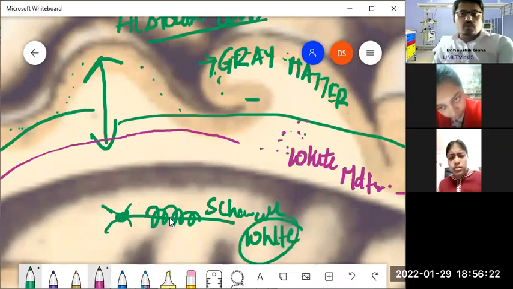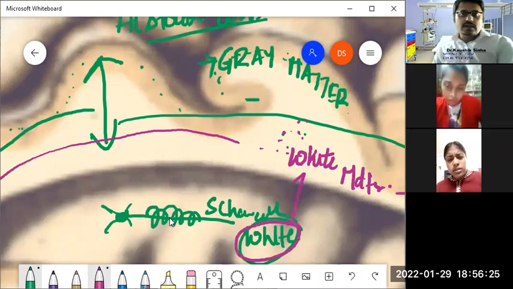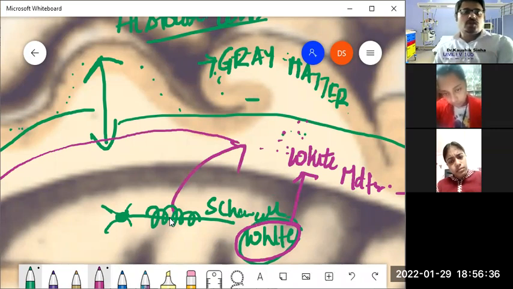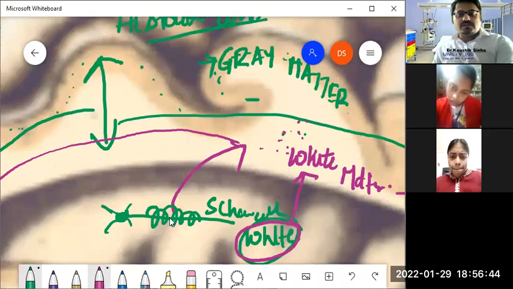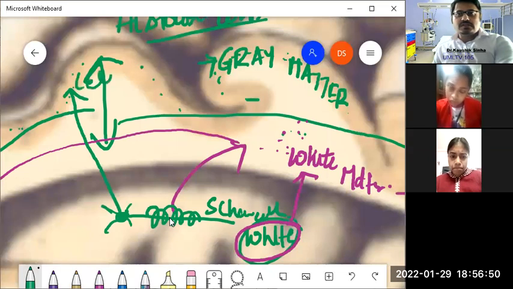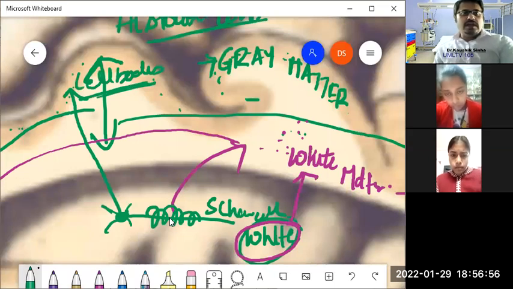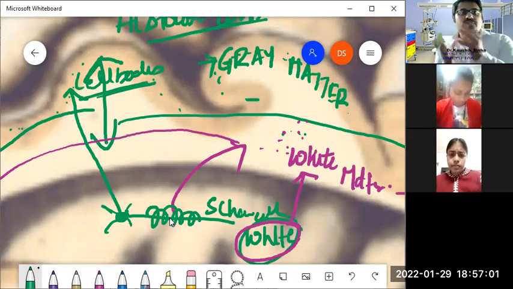So this white matter is because in this entire whitish area, what is present is the axons of the neuron, right? Understood? And in the gray matter portion, what is present histologically is the cell bodies. So in the entire gray matter portion, what we are having is the collection of nerve cell bodies.